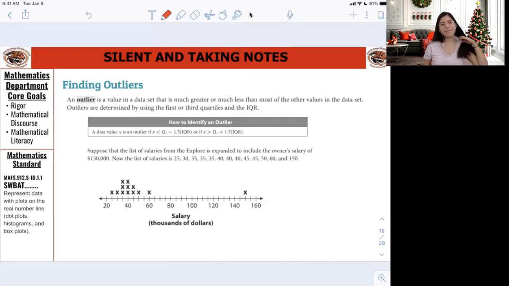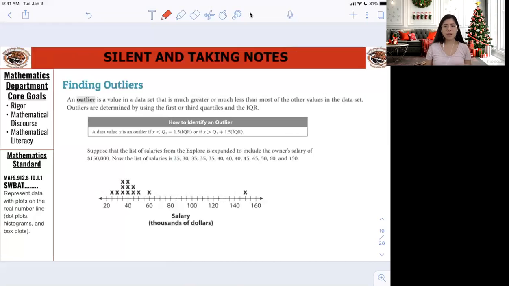Allison, go ahead. An outlier is a value in the data set that is much greater or much less than most of the other values in the data set. Outliers are determined by using the first and third quartiles and IQR. Awesome.